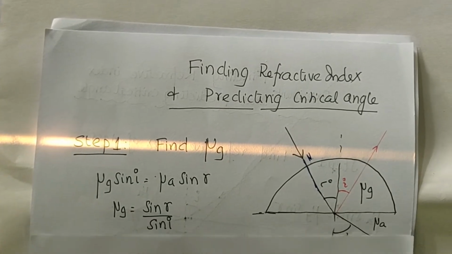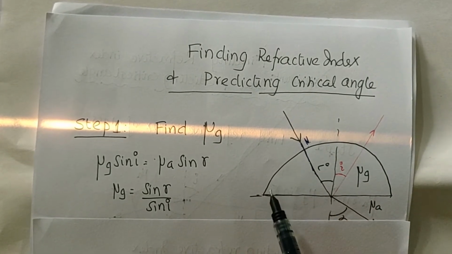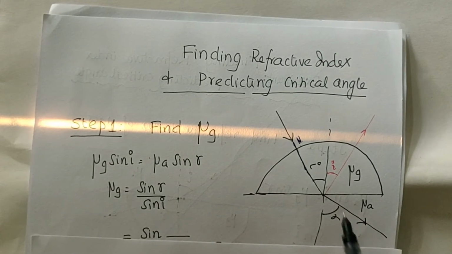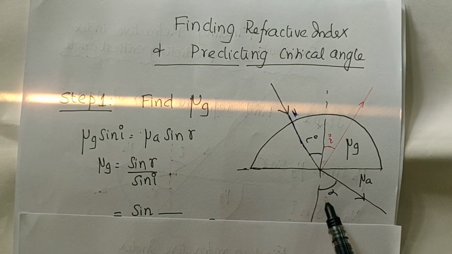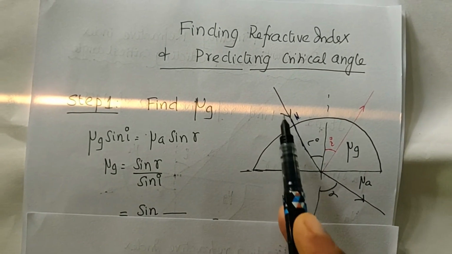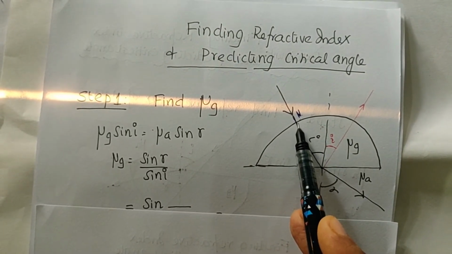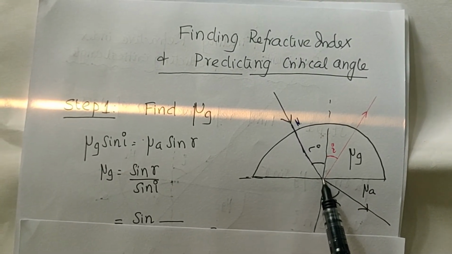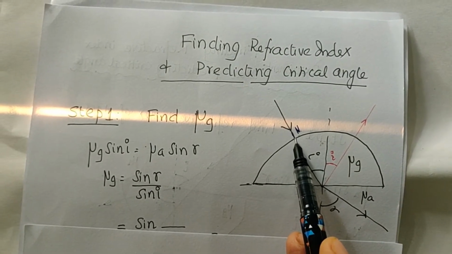For this experiment, we have a semicircular glass block and we pass an incident ray and try to find out the angle of incidence and angle of refraction. The reason we use a semicircular block is that any ray passing through it is always passing through the normal, because the normal is the line from the radius to the circumference.